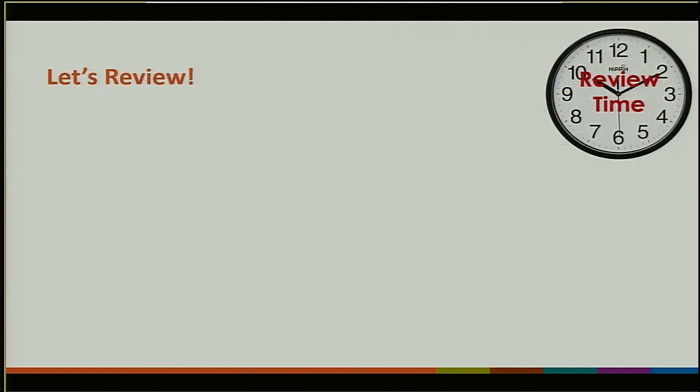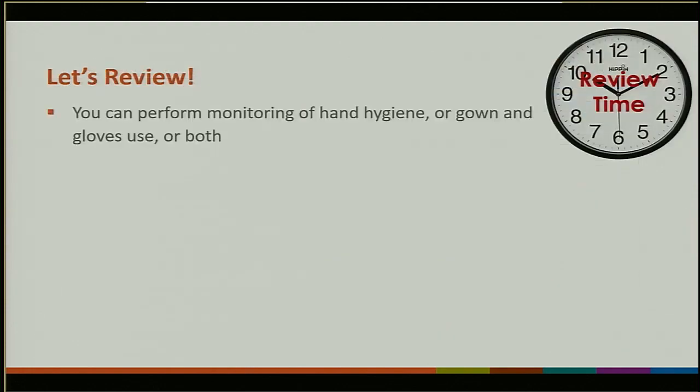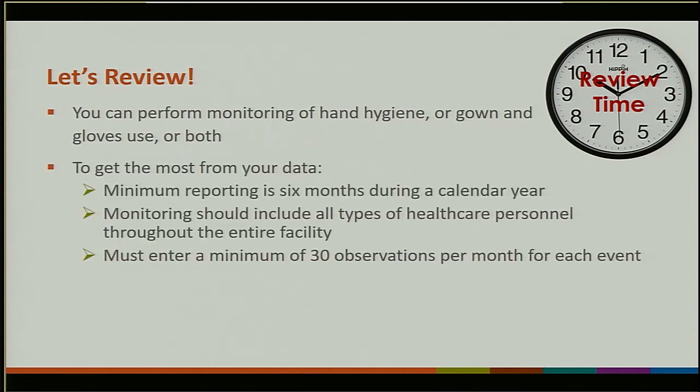So let's review. You can perform monitoring of hand hygiene and gown and glove usage, or you can do both. To get the most from your data, we ask that you report at least 6 months. We ask that you include all types of healthcare personnel throughout your facility, and we ask for a minimum of 30 observations per month for each event.